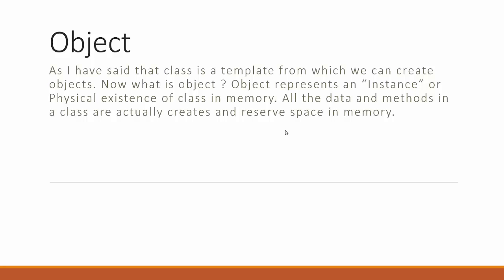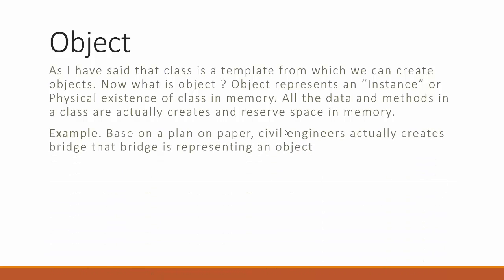In computer programming, a class is a collection of data and methods, and that data and methods are constructed or instantiated in the memory or RAM. When that happens, the class is now physically existing in memory, and that physical existence of a class is termed as an object.